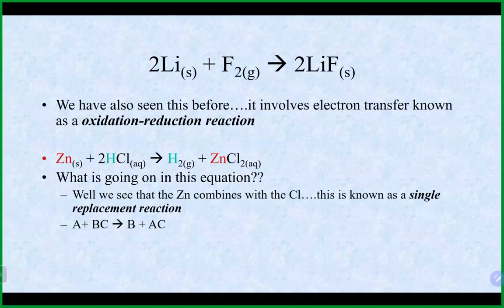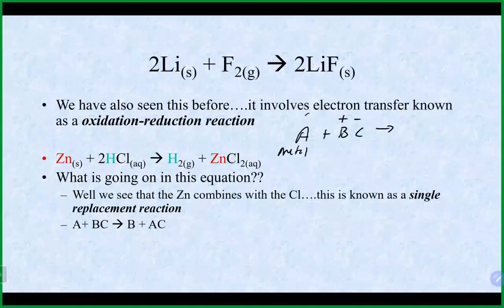The first, more specific classification of a reaction is a single replacement reaction. A single replacement reaction is a little different than a double displacement reaction. You actually have only one ionic compound, and this ionic compound is usually reacted with a metal, for example.